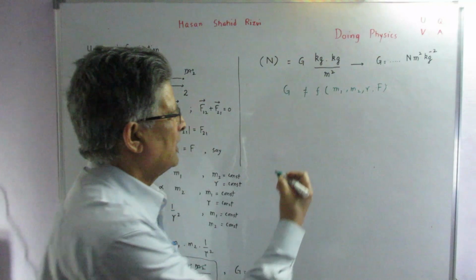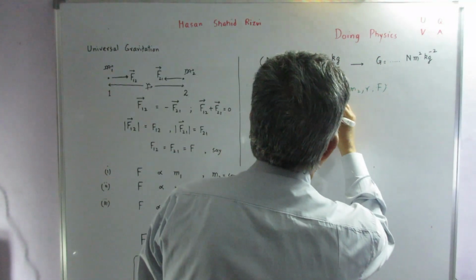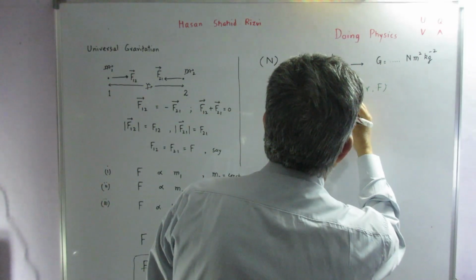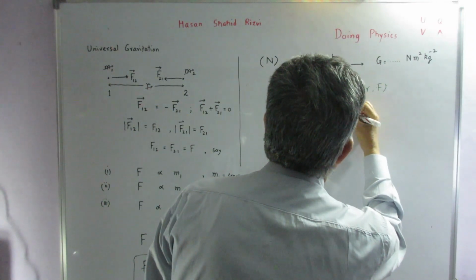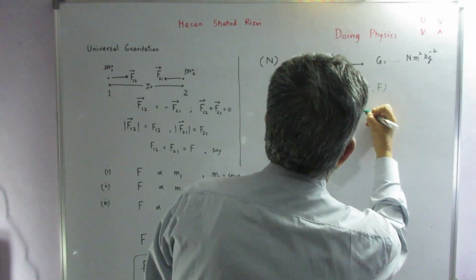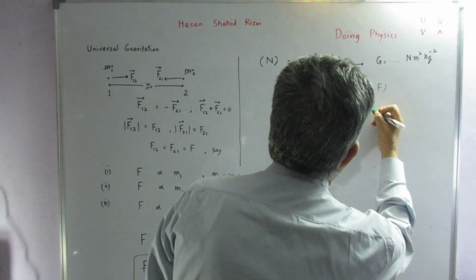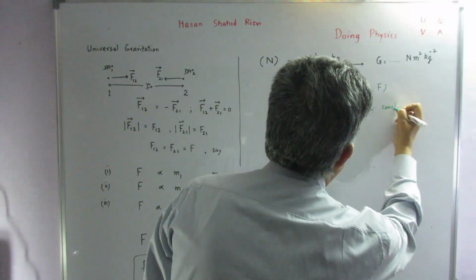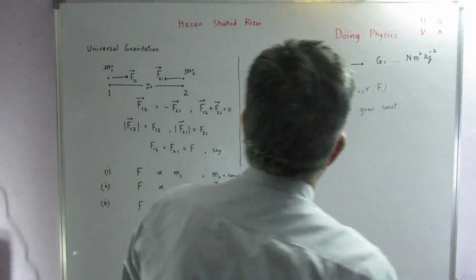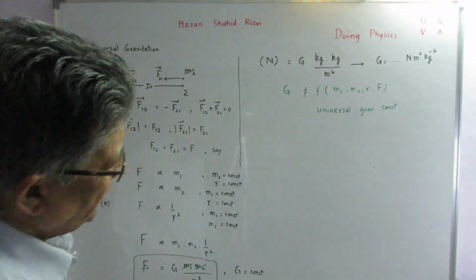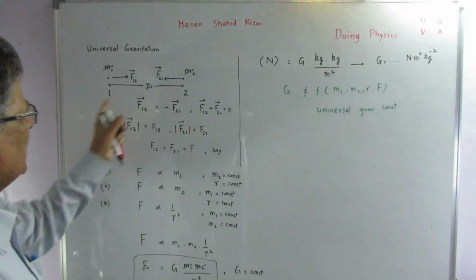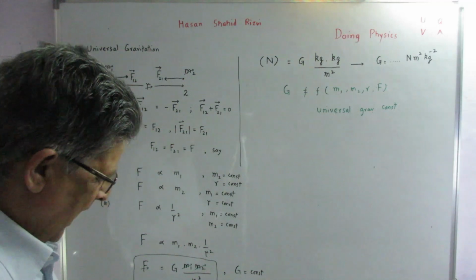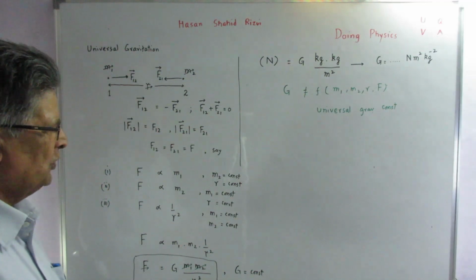So this we call the universal gravitational constant.